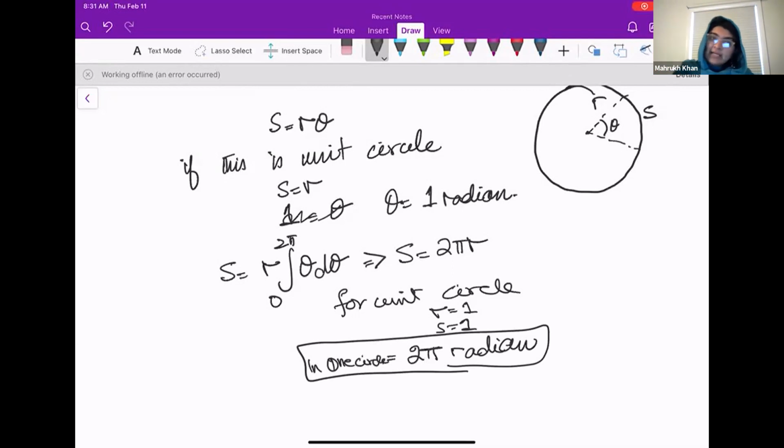So in 1D, when there is an angle in the circle extended on an arc, S is equal to R theta, right?